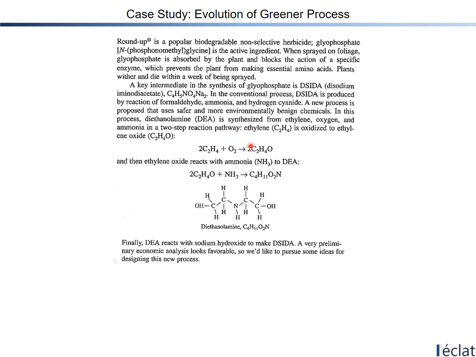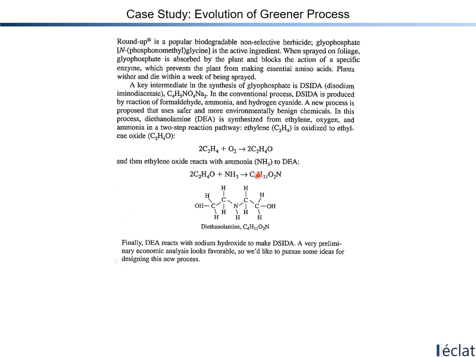In the first chemical reaction equation, ethylene is oxidized to ethylene oxide. Ethylene plus oxygen goes to ethylene oxide. And then this ethylene oxide, which could be considered the intermediate, is reacted with ammonia, and finally we obtain DEA, diethanolamine.